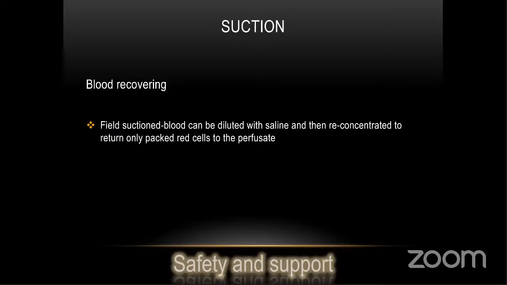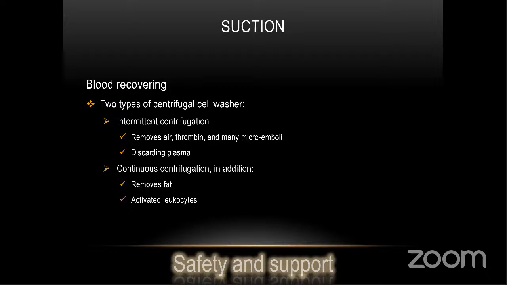So field suctioned blood can be diluted with saline and then reconcentrated to return only packed red cells to perfusate. There are two types of centrifugal cell washer: the intermittent centrifugation and continuous centrifugation.